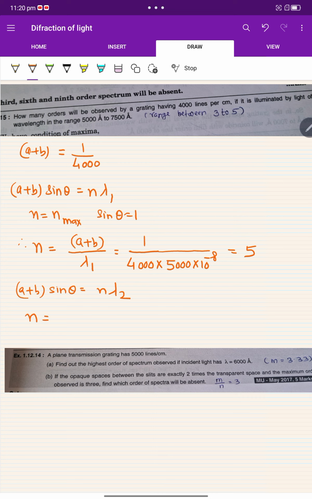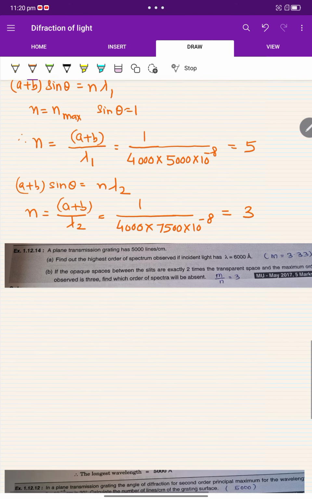Therefore, n equals A plus B divided by lambda 2. Let's substitute the details: 1 divided by 4000 multiplied by 7500 into 10 to the power minus 8 centimeter. We'll get this as equal to 3. So the range is from 3 to 5. Let's move towards the next question.